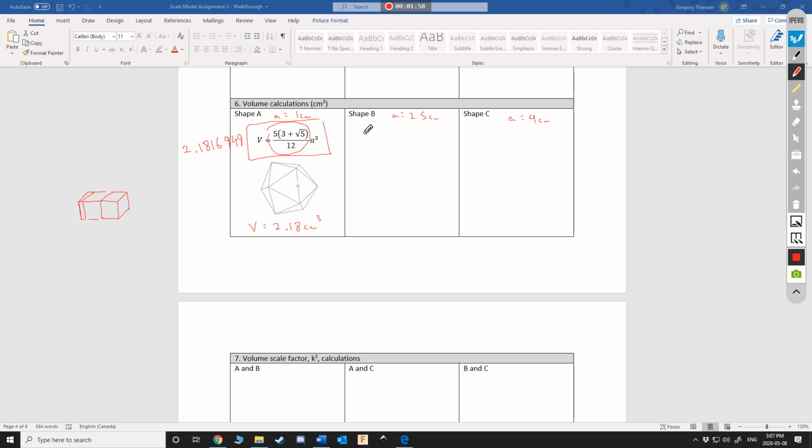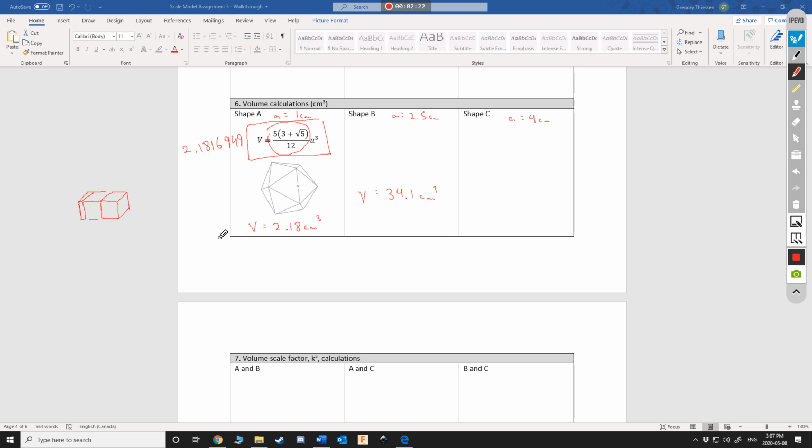For shape B though, we're going to repeat this equation. This 5 times 3 plus root 5, that's 2.18. We're going to multiply that by 2.5 to the power of 3, based on the equation. So we find out our volume here is equal to 34.1 centimeters cubed.